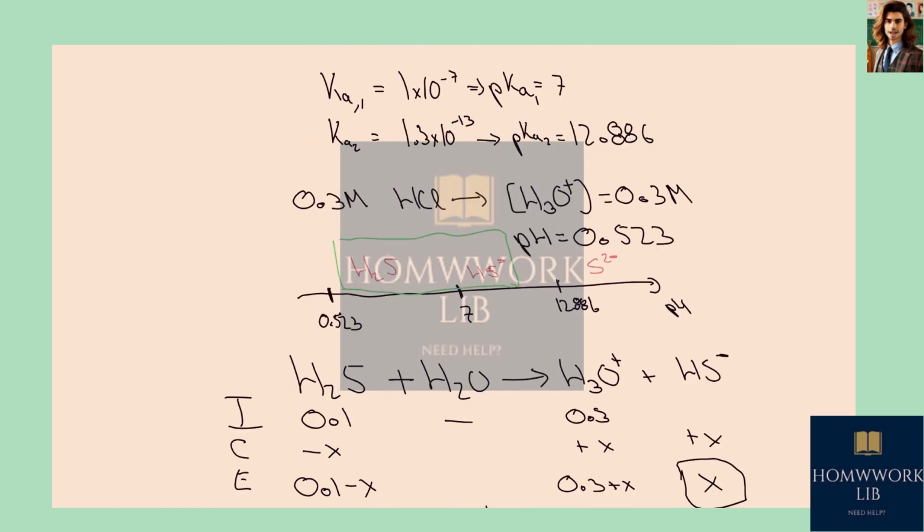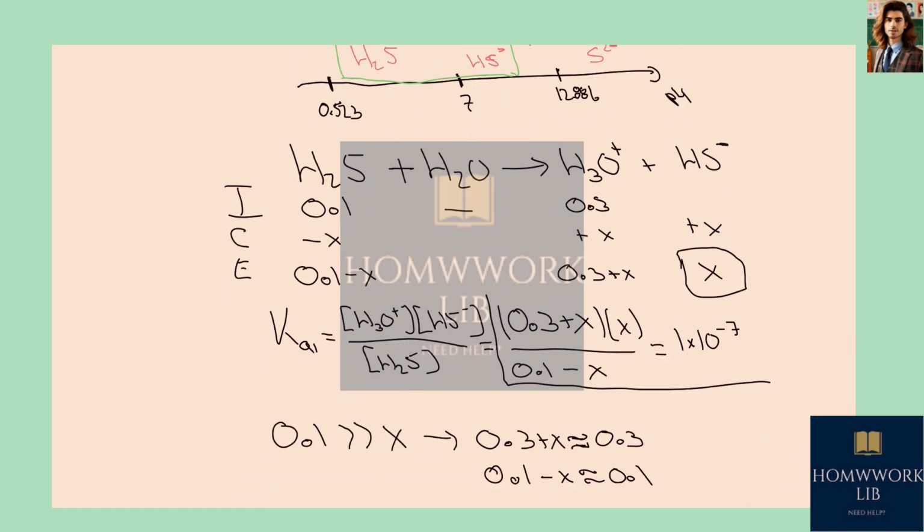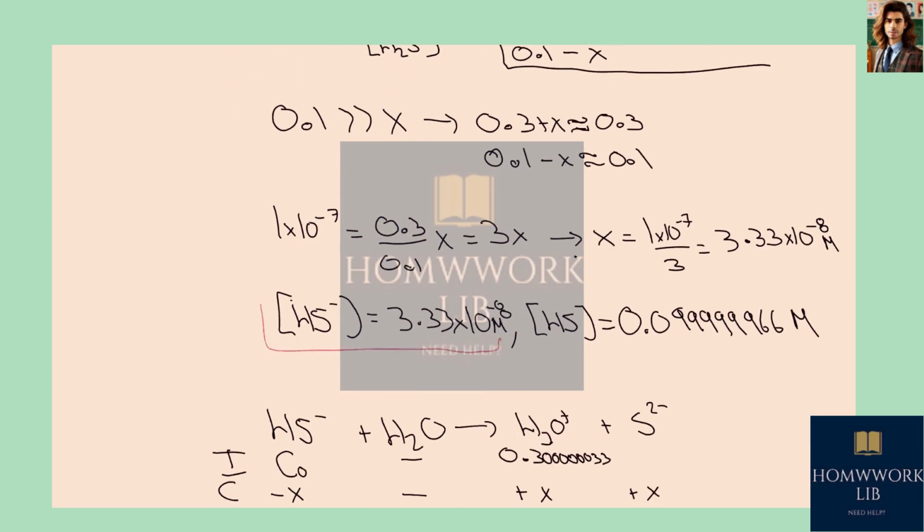So, doing a little recap, essentially the only two possible species that you're going to have are H2S and HS minus. S2 minus, it makes no sense to do the calculations, but we did it anyway. The concentration of HS minus is 3.33 times 10 to the minus 8. The concentration of H2S is going to be 0.1 minus this value, the number that we got over here.